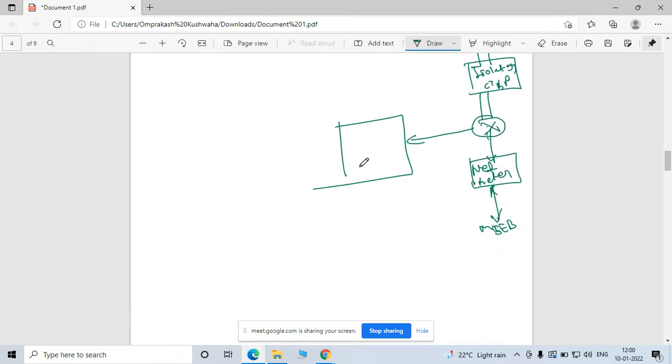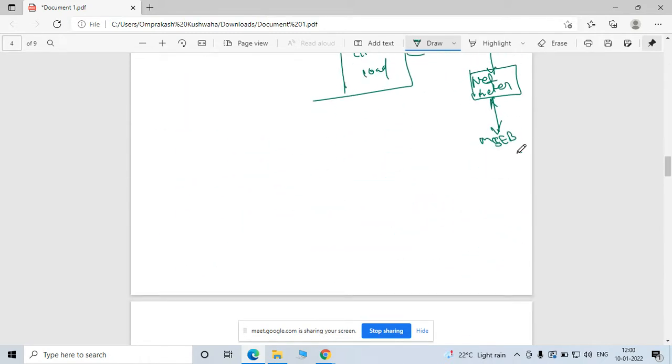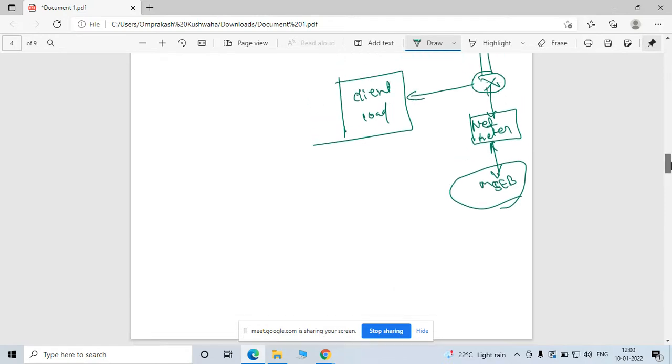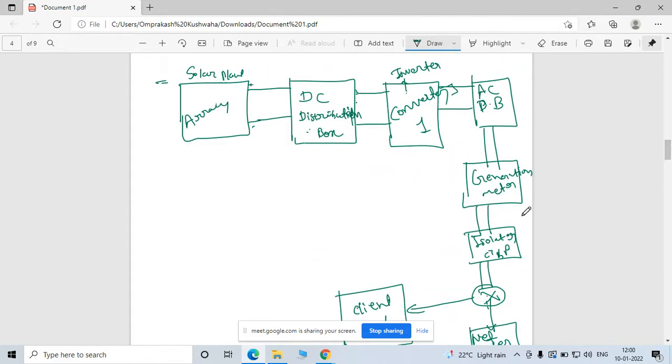So this is a client load, and you have to make such an arrangement: if any problem occurs in your plant, it must not harm the MSEB load. That precaution is also checked by the MSEB officer. Only then can they allow you to synchronize your plant.